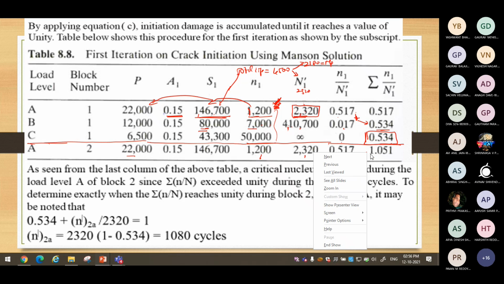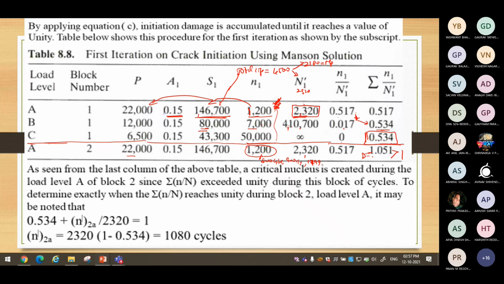You are going to see that damage is exceeding the value. Damage D is greater than 1. That means crack is initiated. And you can see it is not equal to 1, so crack is not just initiated. During these 1,200 cycles you are applying, somewhere in between crack is initiated. You do not know whether crack is initiated after 800 cycles or after 900 cycles, or whether you have 1,199 cycles and at the 1,200th cycle crack is initiated.